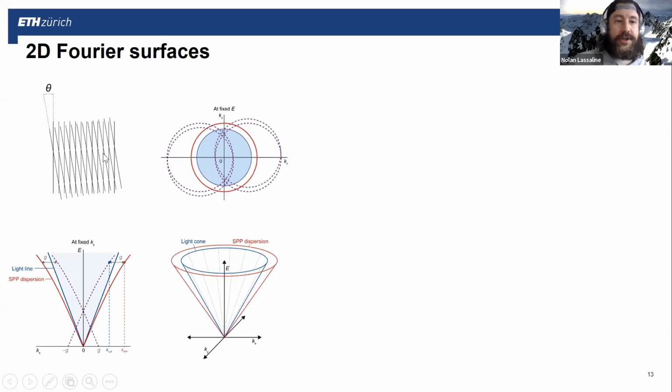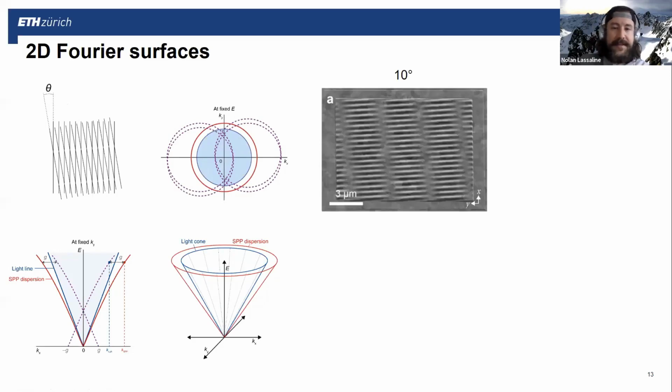And when we add an additional Fourier component rotated at some in-plane angle theta to the first one, we will see an additional pair of circles, which correspond to this additional sine wave. And when we implement this concept with a real surface, what we have here is a silver surface composed of 2 sine waves that are rotated 10 degrees relative to each other.